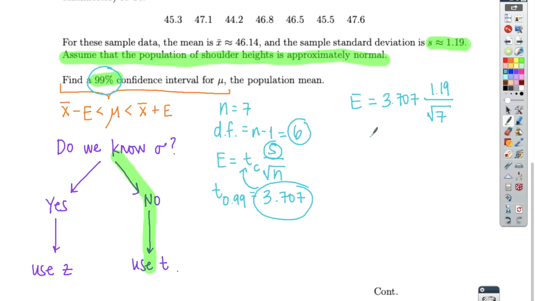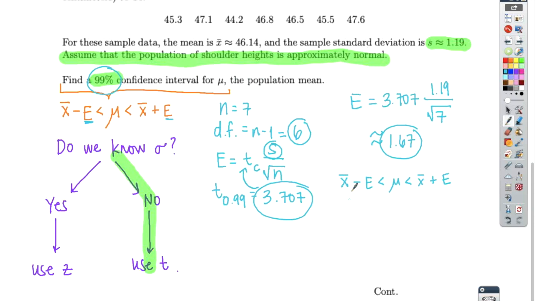Let's round this to 2 decimal places. I find 1.67 for the error. And now I'll plug that error in everywhere I see an E in my confidence interval. So x bar minus E, and then mu, and then x bar plus E.